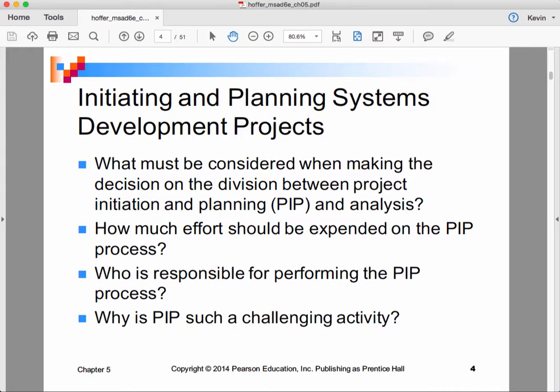And initiating a project is something that both the more traditional people, call them the waterfall people, and the Agile people talk about as well. When you are initiating a project, you are confirming that you have a group of stakeholders who are interested in the project.